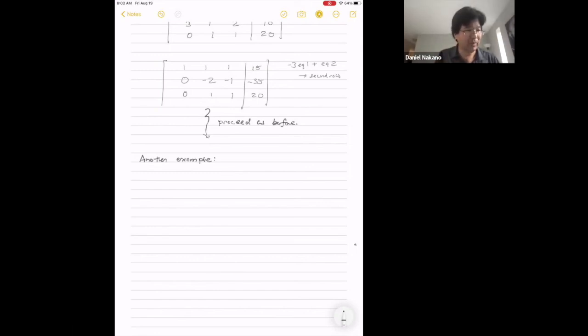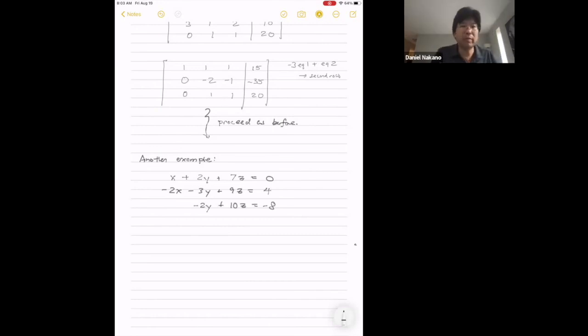Okay, so let me start with another example. So x plus 2y plus 7z is equal to 0, and minus 2x minus 3y plus 9z is going to be equal to 4, and minus 2y plus 10z is equal to minus 8.